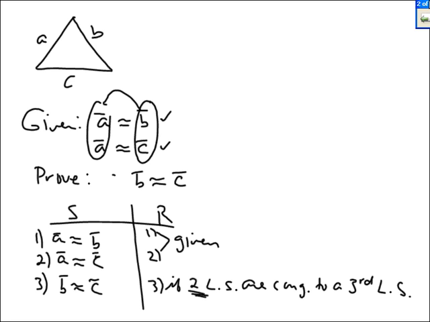The third line segment is A. Then the two line segments, in this case B and C, are congruent. That's called the transitive law.